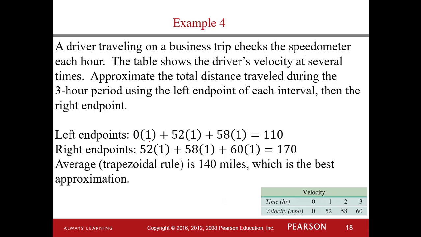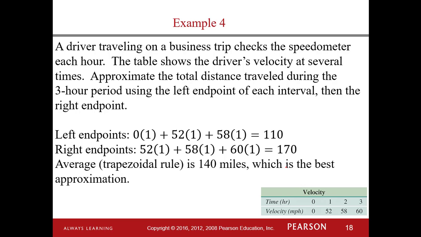So, based upon the left endpoint, since each of these goes up by 1 in the time part of this table, we're going to take 0 times 1 plus 52 times 1 plus 58 times 1 to make 110. Using the right endpoint, we can use 52, 58, and 60 to get 170.